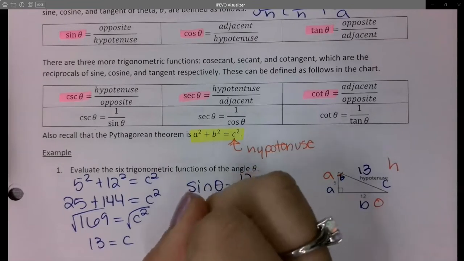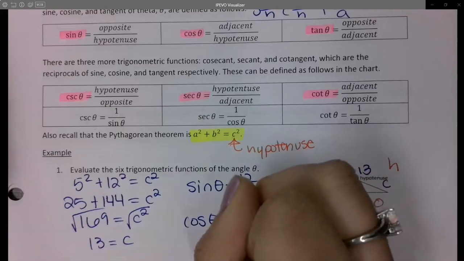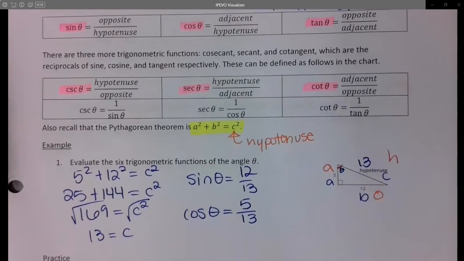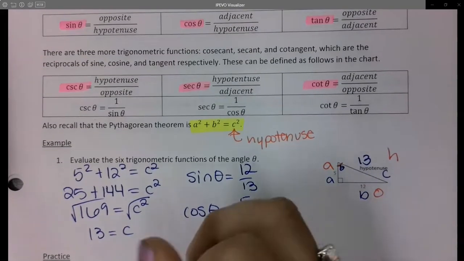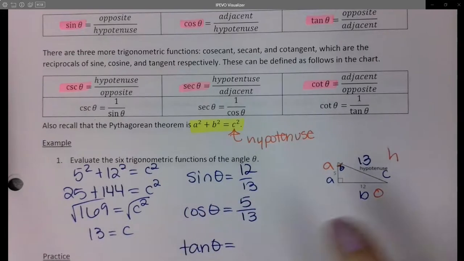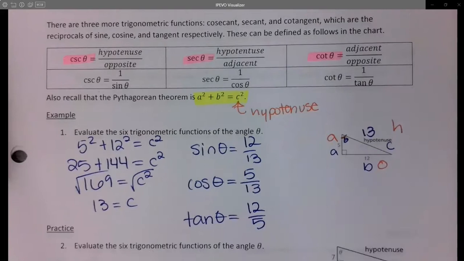Then I have my cosine, which is adjacent over hypotenuse, which is 5 over 13. And my tangent is opposite over adjacent, so 12 over 5. These ones should be kind of familiar because you should have done them back in geometry.